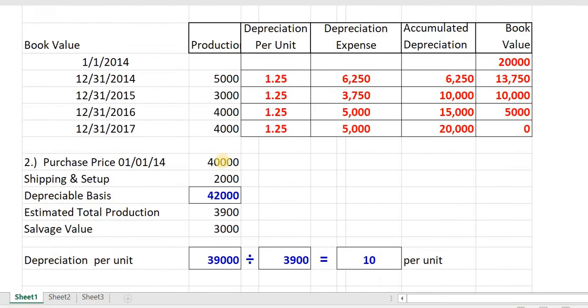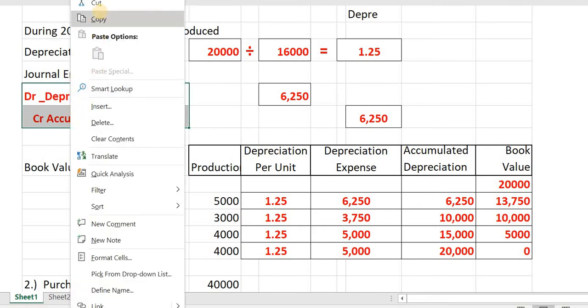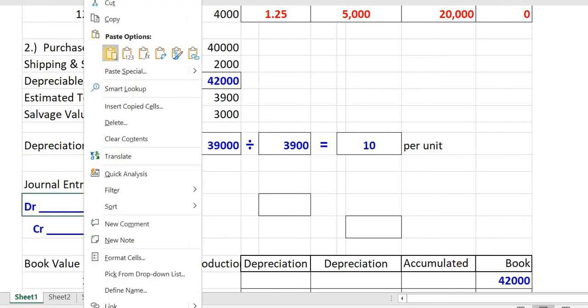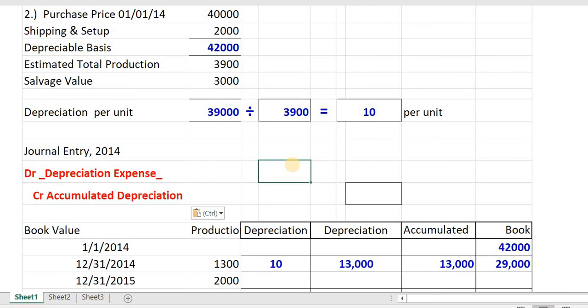Our journal entry for that year will be debit depreciation expense for $13,000 and credit accumulated for $13,000.